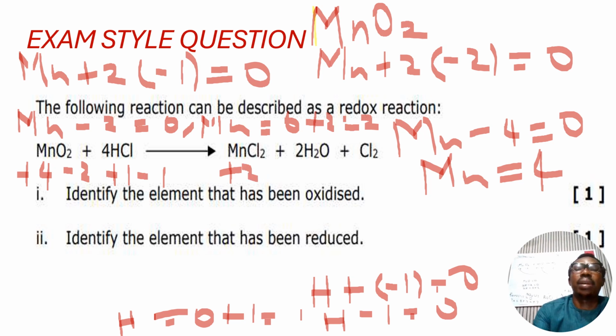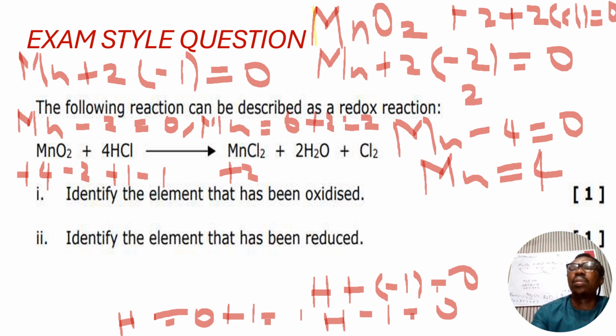Now the oxidation number for chlorine. Let's calculate it since we know that of manganese, which is plus 2. Manganese plus 2 chlorine is equal to 0. So you have 2 plus 2Cl is equal to 0.